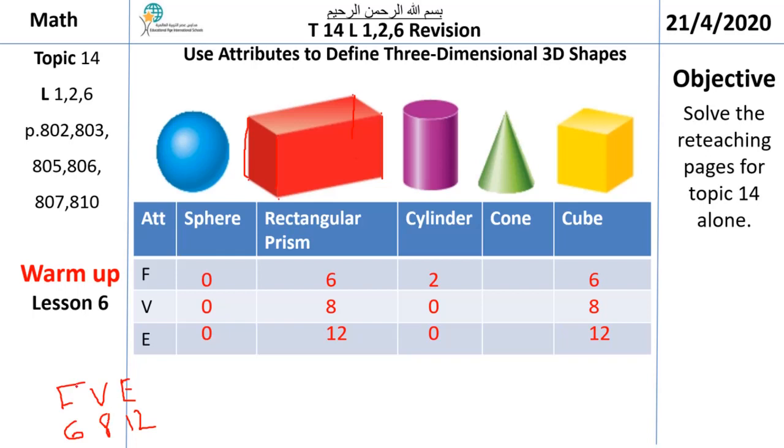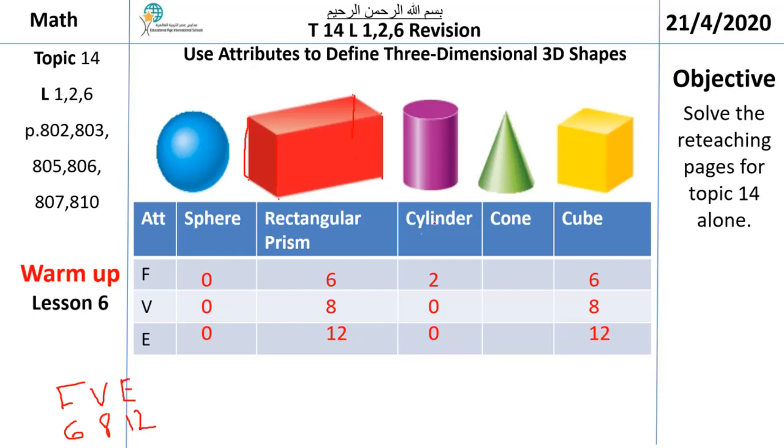You will go to the V in FVE, under it is 8, so you will choose 8 in your answers. Is it faces or flat surfaces? So you will go to this F, look under it is 6, so you will choose 6 in your answers. According to what I'm asking you about the rectangular prism or the cube, you look in the FVE for it, okay? Please don't get confused by this.